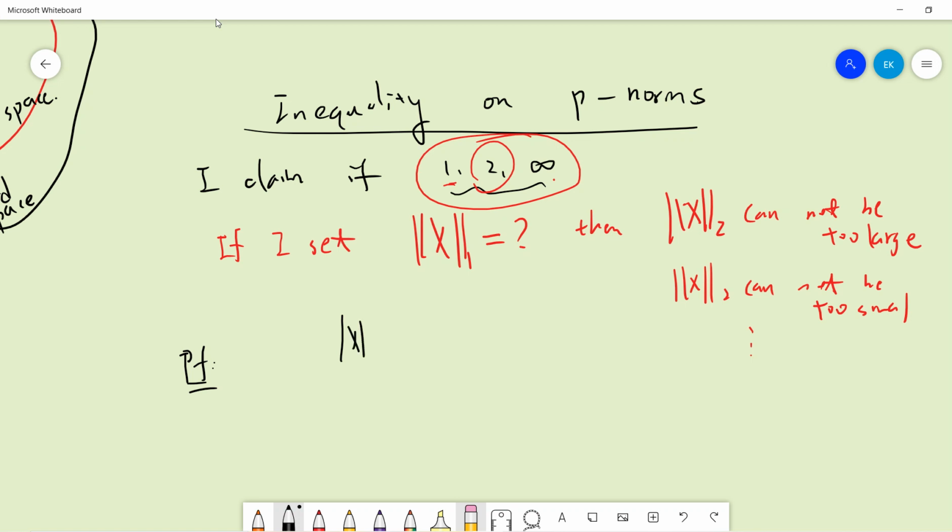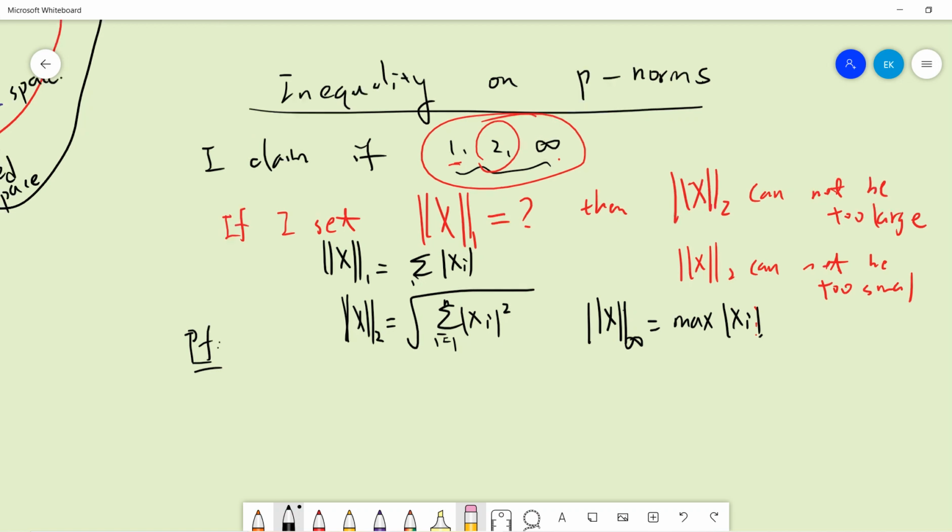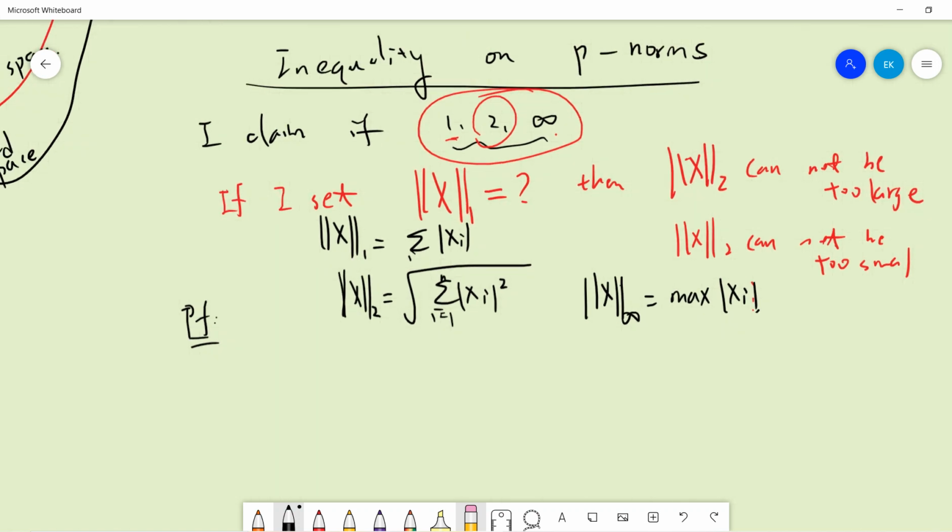Remember that your 2 norm is defined to be this, right? And your x1 norm is defined to be the sum of absolute value, and your infinite norm is to be maximum, right? |xi|. Okay, so obviously if we square it, then you can see that x2 norm is less or equal to x1 norm, right?